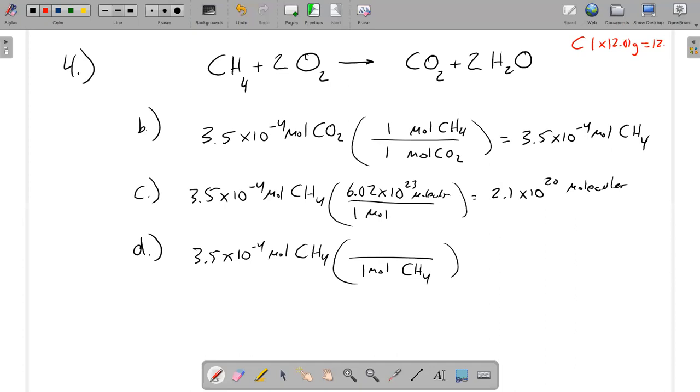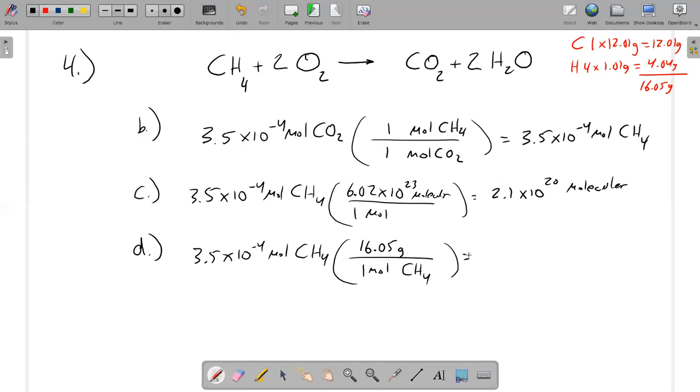And you've got 4 hydrogens. Each hydrogen is 1.01 gram, so that's 4.04 grams. You get 16.05 grams. So the formula mass for methane, or the molecular weight, is 16.05 grams. That's how we're going to relate mass quantities to molar quantities.